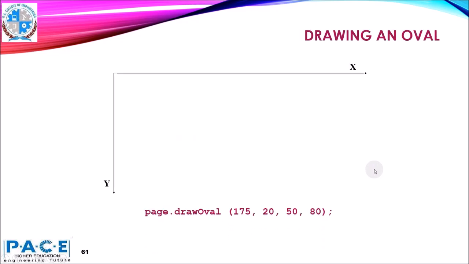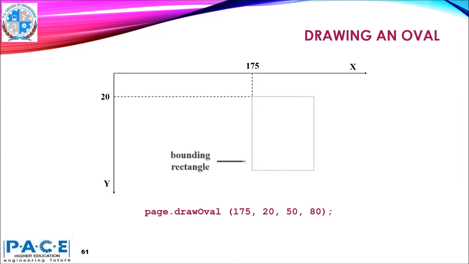Similarly, to draw an oval in the same way, we are specifying the top left corner, 175 and 20, then the bounding rectangle over here.